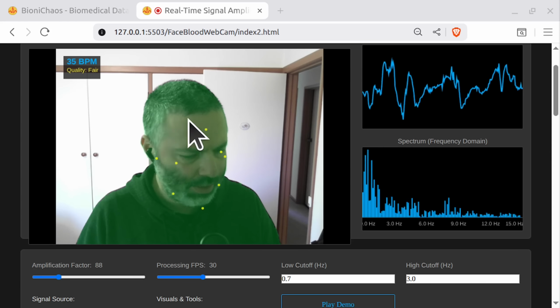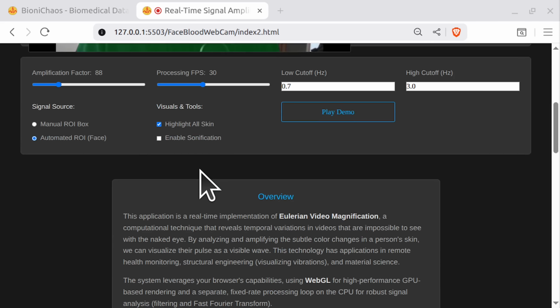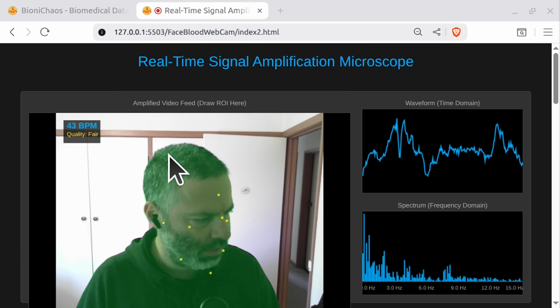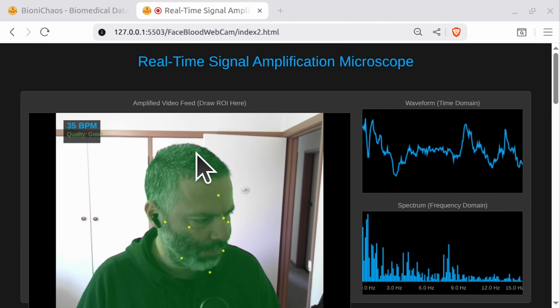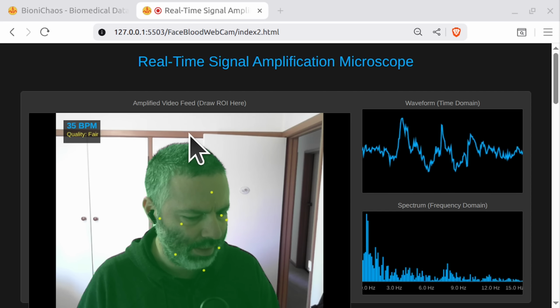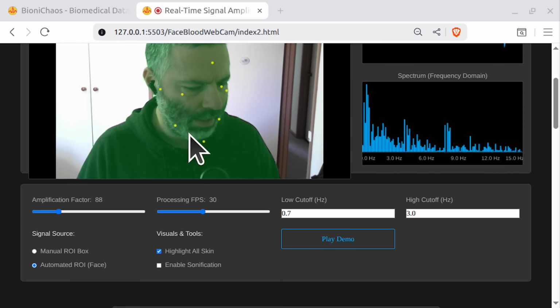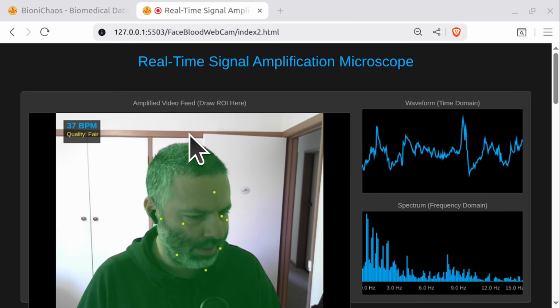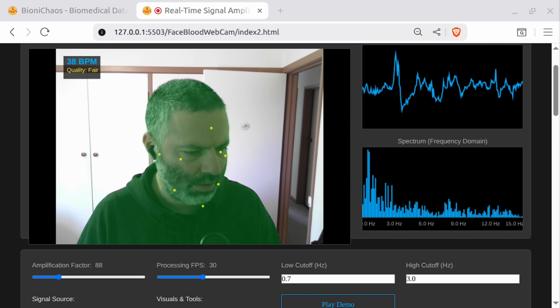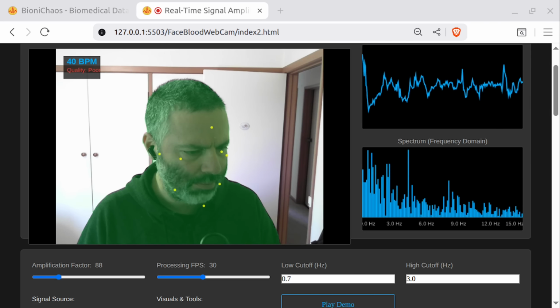Can you explain how the automated ROI actually works? What happens if we don't just have skin as a region of interest? It might be a problem, doesn't it?